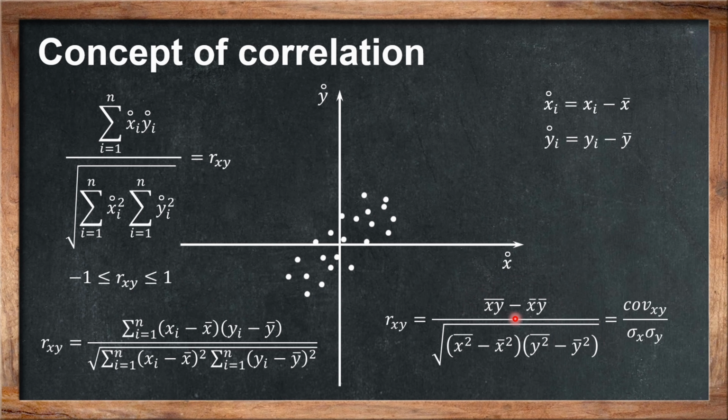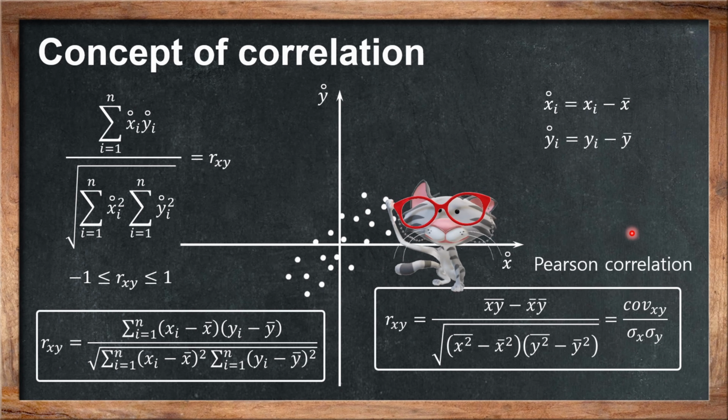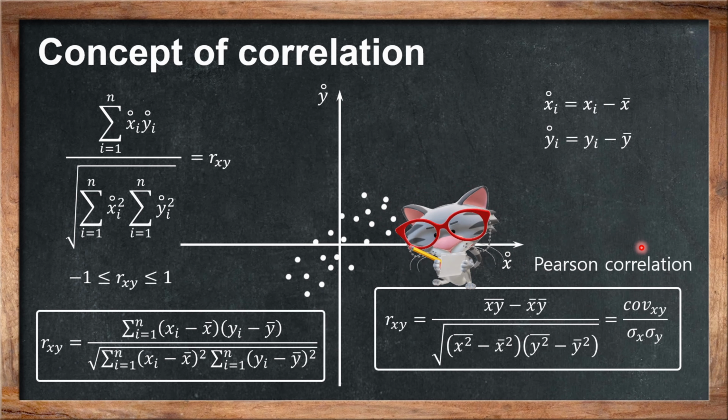So this is just the representation of the covariance between x and y. That's why we can simplify the correlation coefficient as covariance of x and y divided by sigma x and sigma y. And this, you gotta remember, is called the Pearson correlation coefficient.